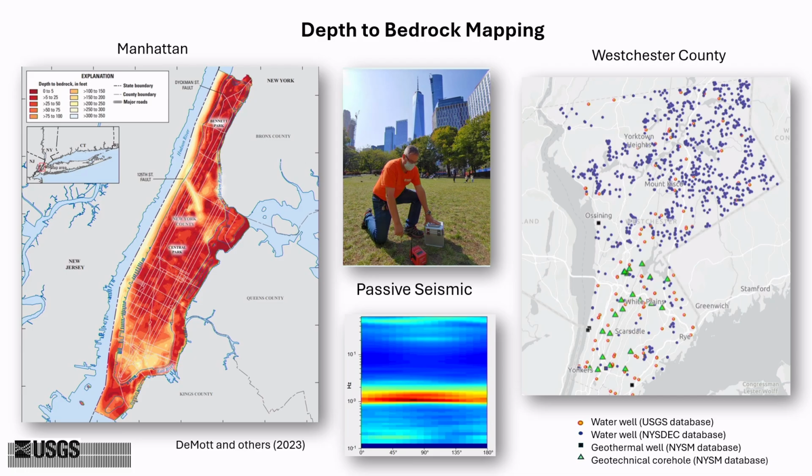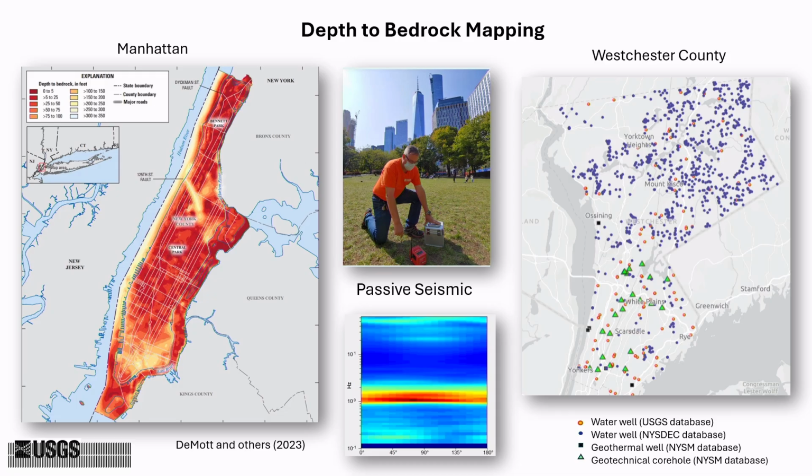And then we also complement and supplement that information with HVSR passive seismic measurements, which are a quick and easy way to get an estimate of the depth of bedrock and overburden thickness. Essentially, the seismometer used is a very small seismometer that you put on the ground, and you collect 20 minutes of data, and it measures ambient noise.